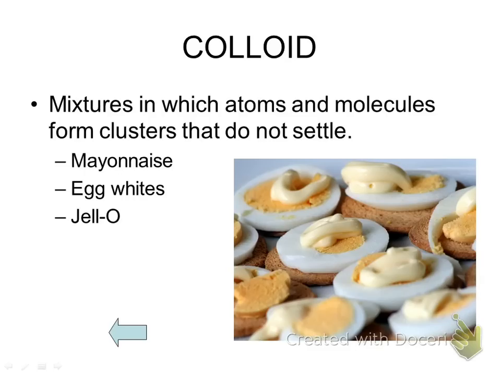Colloids are the odd ones. Some examples are things like mayonnaise, egg whites, and Jell-O. They have what seems to be a homogeneous mixture, but they're not. If you remember the example I gave you, the ballroom in McDonald's where you jump into all the plastic balls and you kind of sit on the surface.